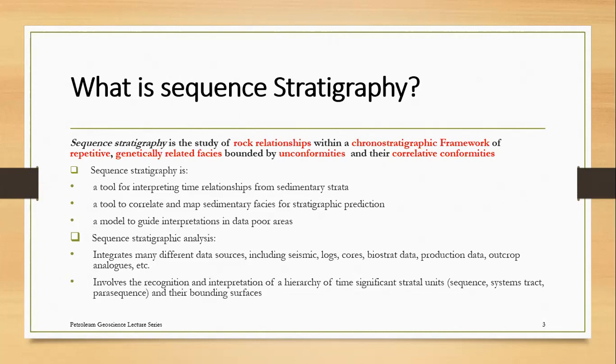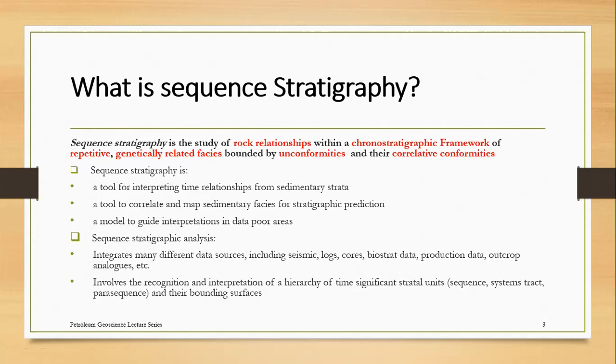I want us to take note of the highlighted words or phrases. These will be very important in the understanding of sequence stratigraphy. It explains how rocks are related, that's the relationship of rocks, and it tries to package them according to time, that's the chronostratigraphic framework.